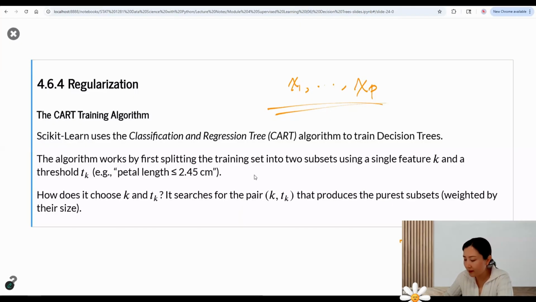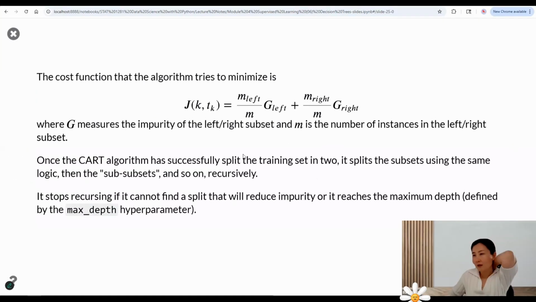So it will evaluate the overall impurity measure, for example, Gini or entropy, and try to choose k and tk such that the impurity measure is minimized. Okay, so it's an optimization problem at each node. And the cost function that the algorithm tries to minimize is this.